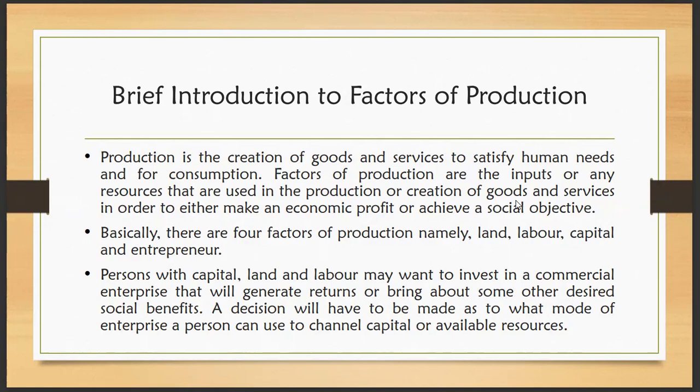A major decision will have to be made regarding the mode of enterprise, the type of enterprise, or the type of business vehicle a person can use to channel capital or available resources into production.